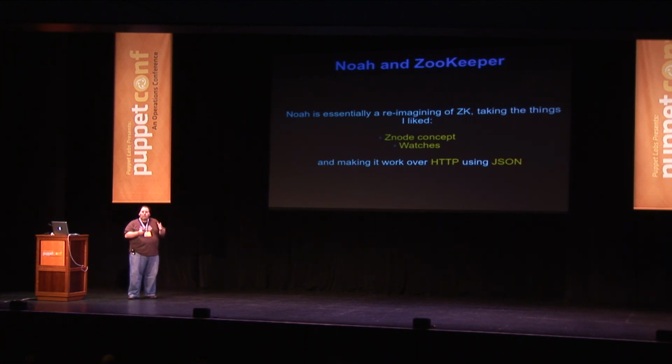So that was the model I had in mind: HTTP and JSON are, for better or worse, the language of the web right now. For web services and this model and REST, despite whether it's official REST or not, these are the things that people are using. It's simple, it's something we grok, and it's something we can use from pretty much every single language that we have right now.